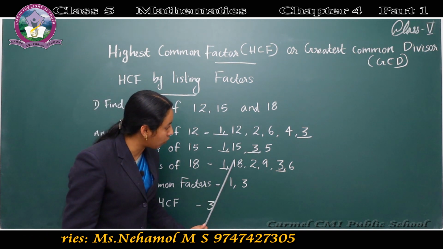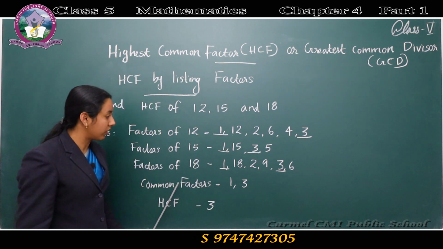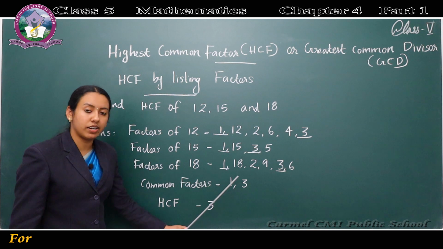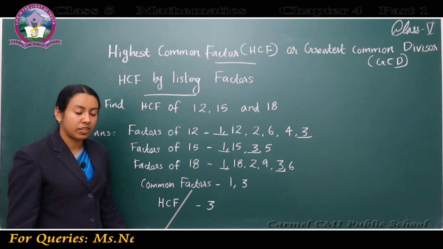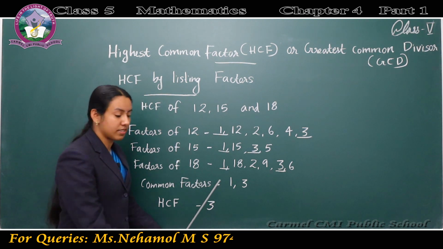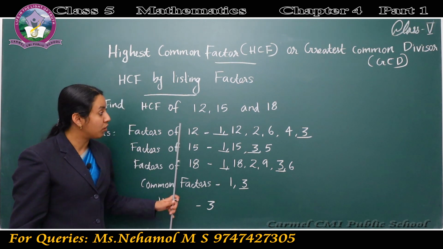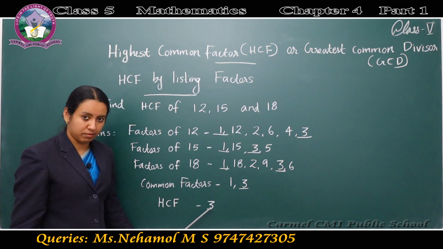Is there any other common factor? No. So common factors of 12, 15 and 18 are 1 and 3 only. Then which is the highest one? Highest common factor or HCF is 3. 3 is greater than 1. So HCF of 12, 15 and 18 is 3.